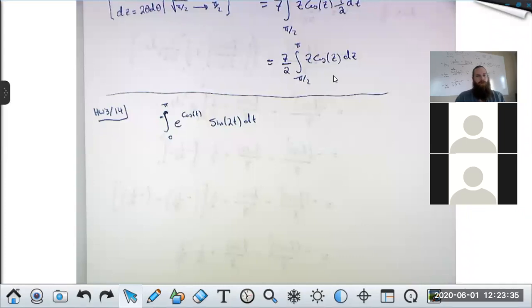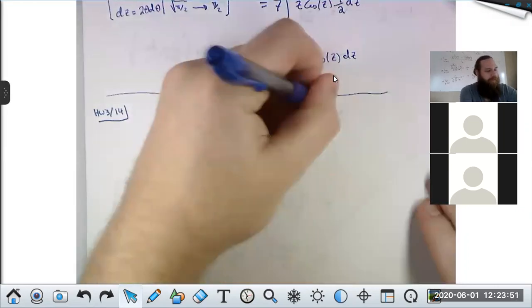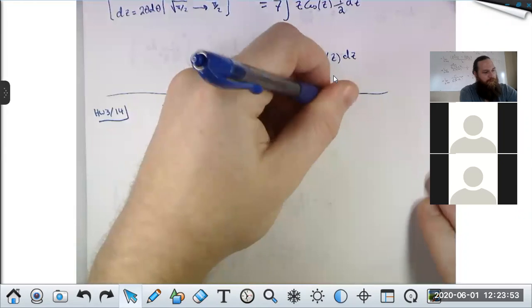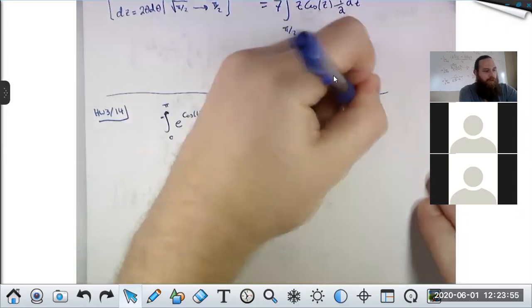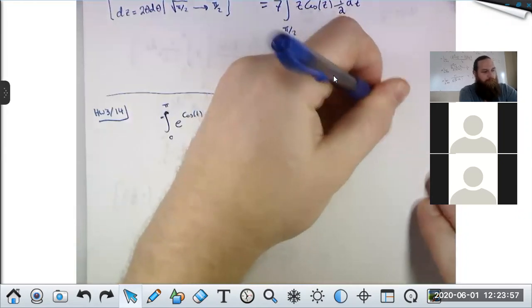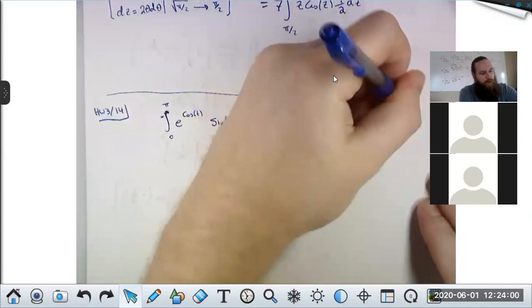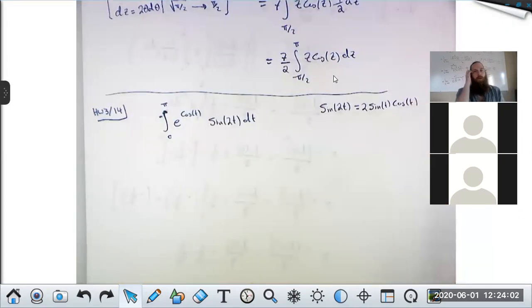The trick here is the double angle identity for the sine function. And this is a nice problem to work today because we're coming into section 7.2, which is all on trig integrals, and you must know your trig identities. Am I looking into the camera harshly enough? You must know your trig identities. Sine 2t is 2 sine t cos t. That's the double angle formula for the sine function.